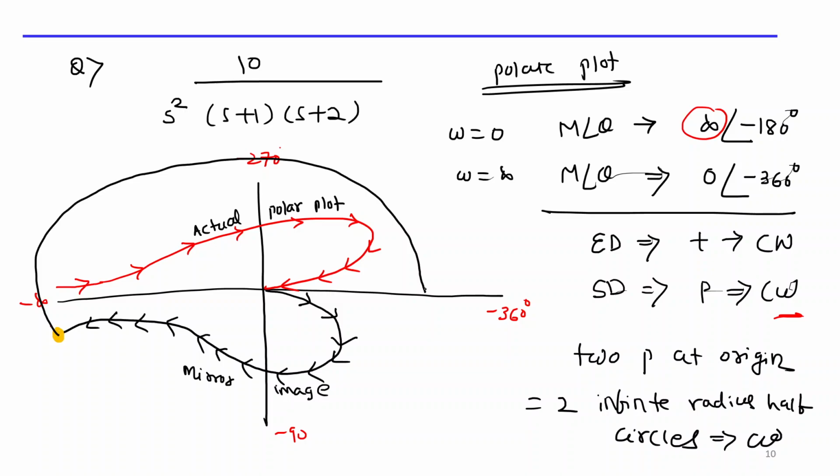So you just continue that, and you end it where the actual polar plot started. Okay, now this is the whole Nyquist plot for you. Direction is like that.